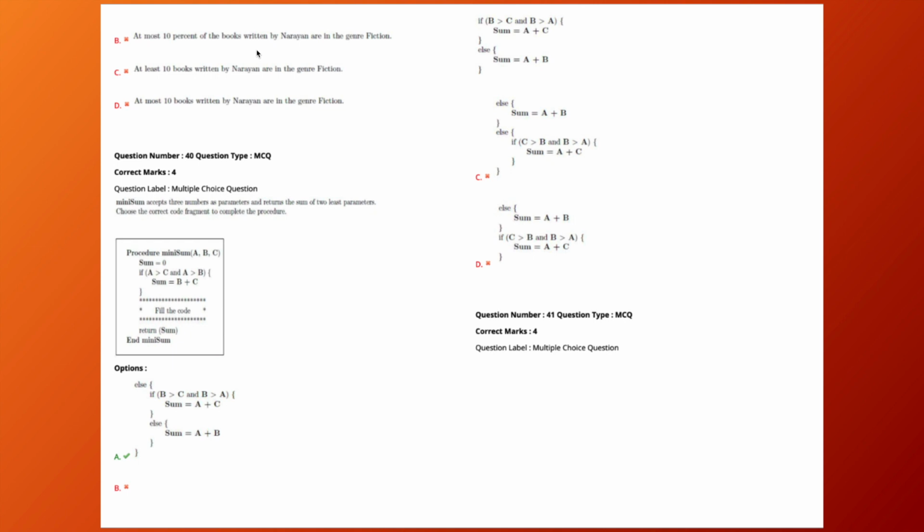So pardon me, this is actually at most 10%. So what does at most mean? At most means count g by count t should be lesser than or equal to, let me just write it for you, so it's going to be visually more perceptive for you guys. So this is count g by count t if it was given as lesser than or equal to num by 100.